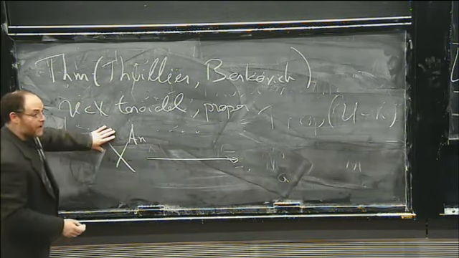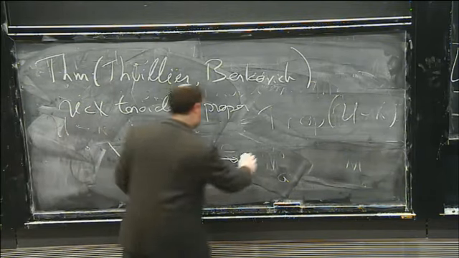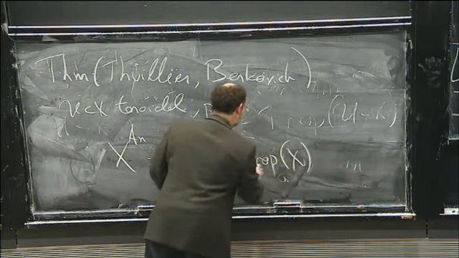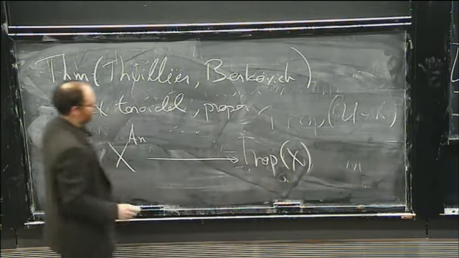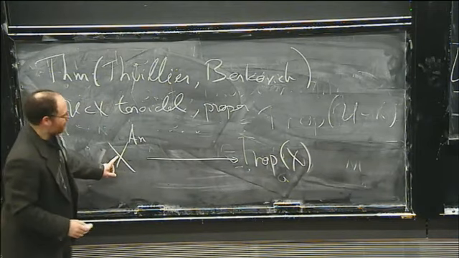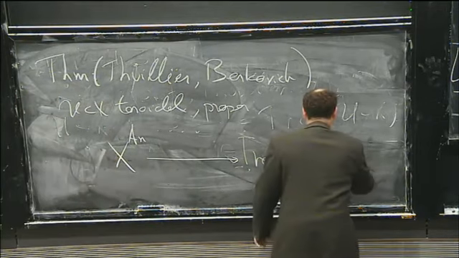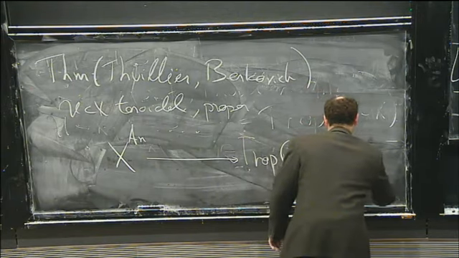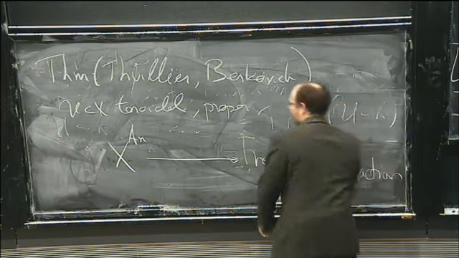There's a canonical map from the analytic space to the tropicalization, which is a retraction. A topological retraction. So this is just a continuous map.